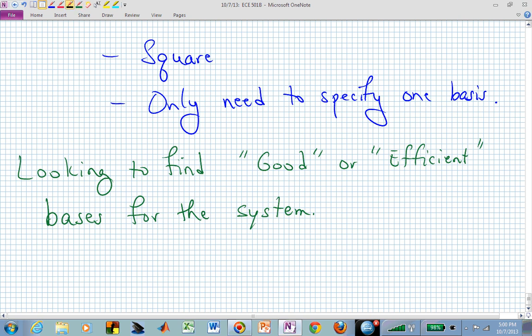Once we say we want a good or efficient basis, what in the world does that mean? Well, here's the claim.